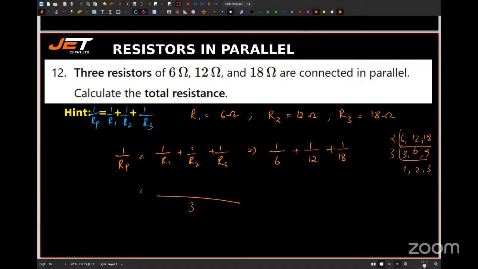It will be 36. So you can take here 6 plus 3 plus 2. It will be 11 by 36. That is 1 by Rp.